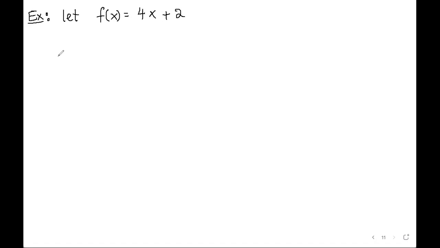The question is: one, sketch a graph of the function f.